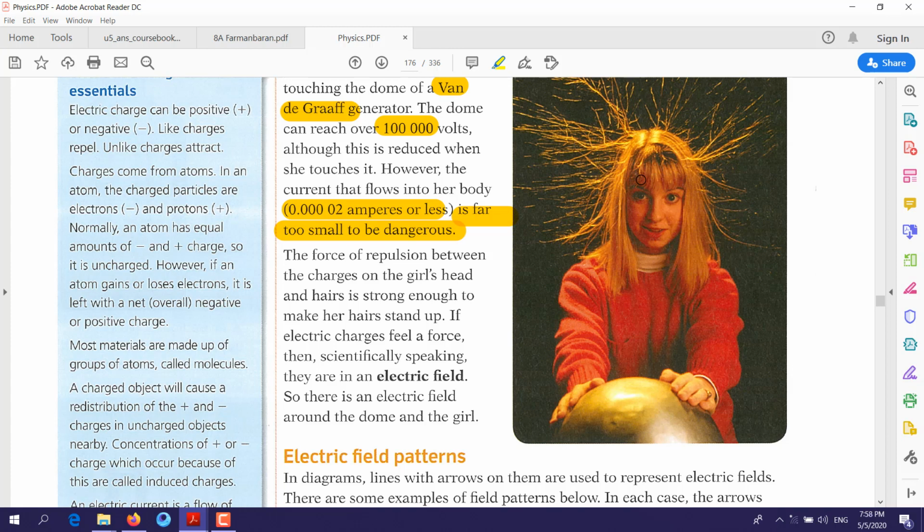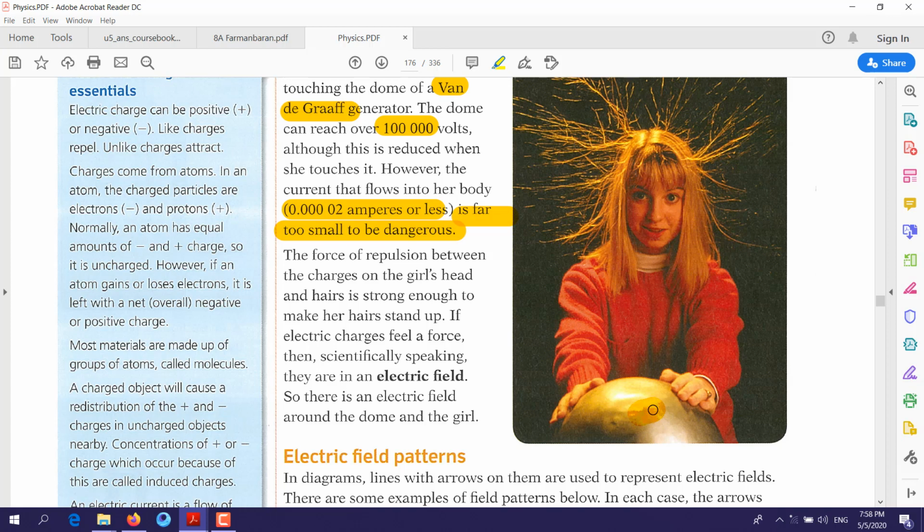Why? Because the charge of her hair and her head will be the same. So in this case, what will happen? They will start to repel each other. What do I mean by that?